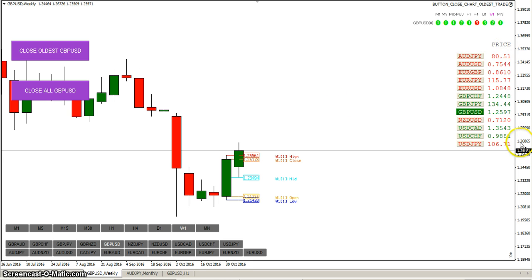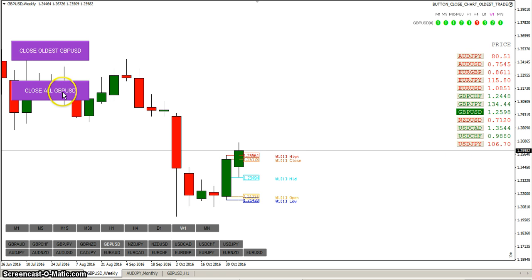This is what comes up when you load up the TRO zones dashboard. Right now I'm sitting on a weekly chart, and I also have an EA that I wrote so I can close the oldest trade, close all the trades, and switch time frames and pairs. Now, these are buttons, but there's a problem.